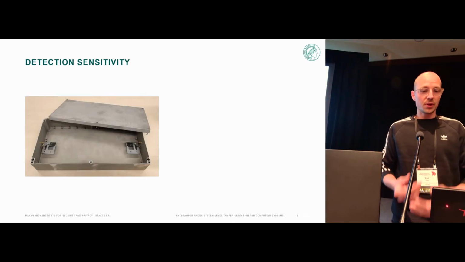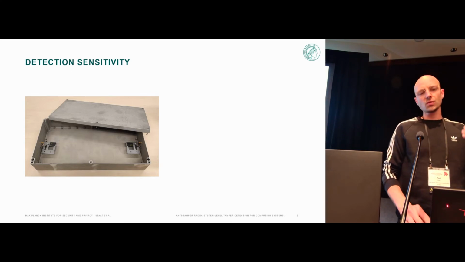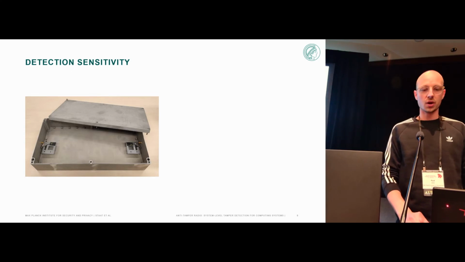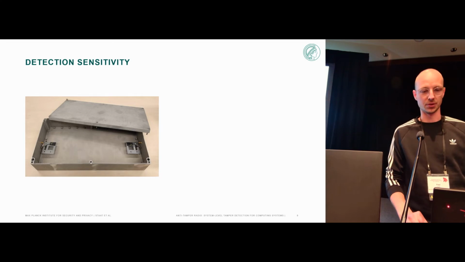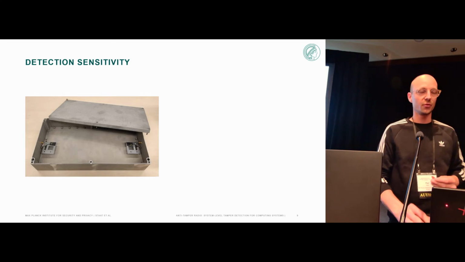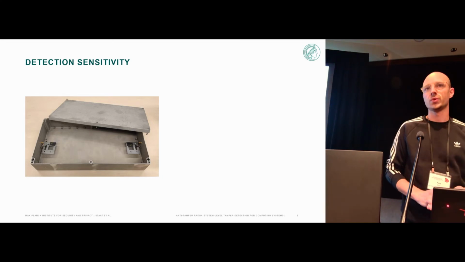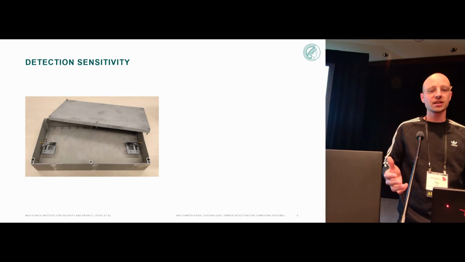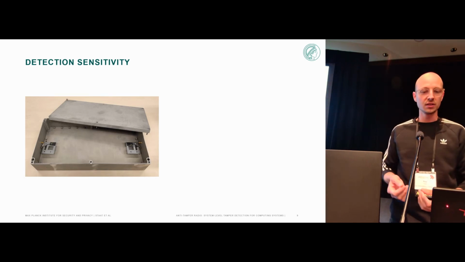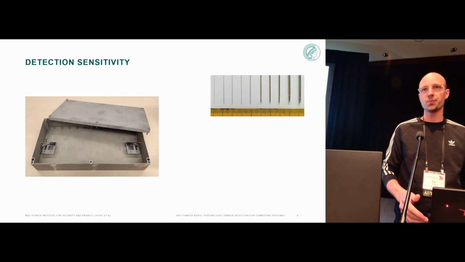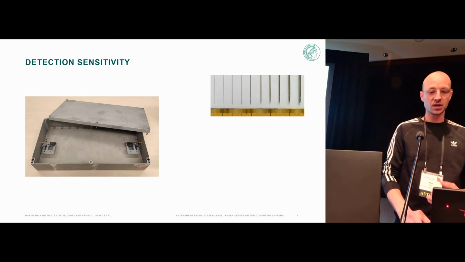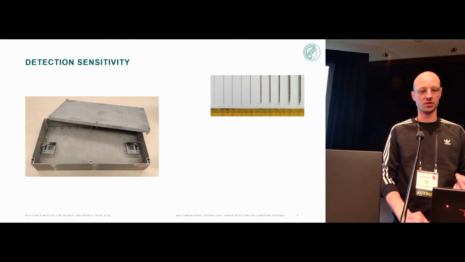At the very beginning of our experiments, we used an empty aluminum box as an idealized test environment. Using this box, we addressed our fundamental research question: can we detect sub-millimeter metallic needles using radio waves? Based on our results, we can answer this question positively.